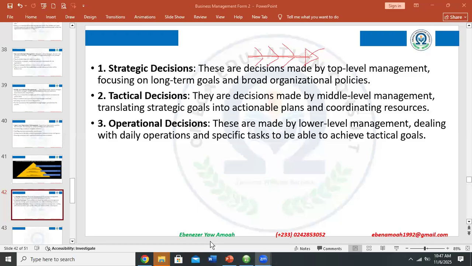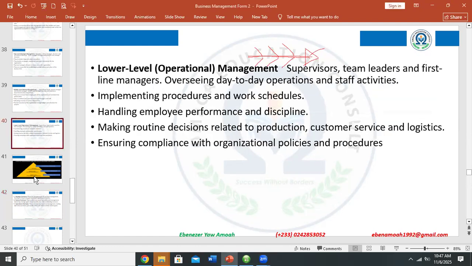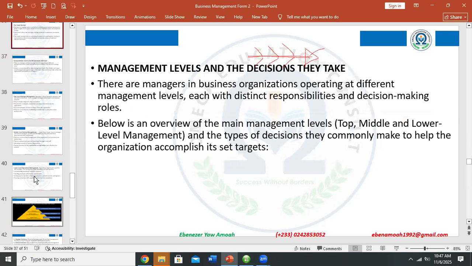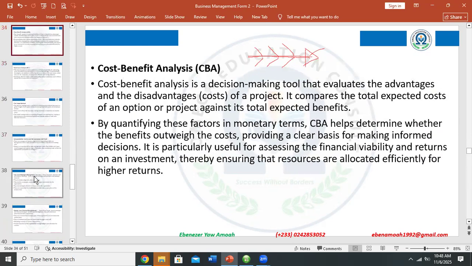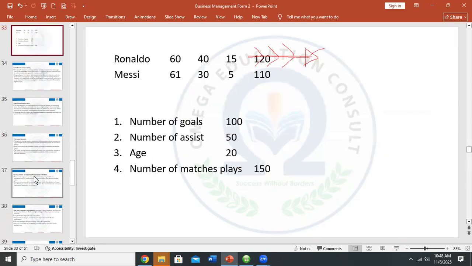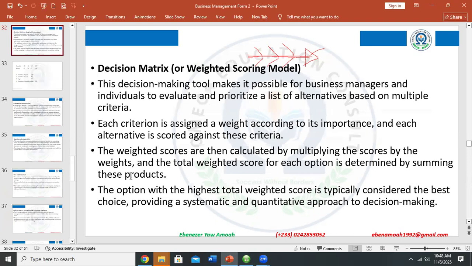Okay, so if there are no questions, I think I'll summarize what we've done today. We just saw the remaining tools of decision making, and it included the decision matrix, also known as the weighted scoring model, where we saw that you set criteria to compare alternatives, right? And then you assign weights. The weights are normally points.